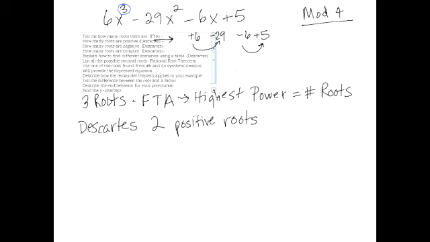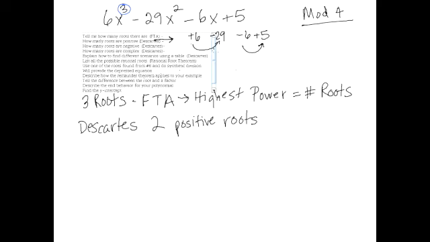Okay, there's fine print to Descartes' rule of signs. The fine print basically says if you can subtract 2 and not get a negative number, then there could be a possibility of other scenarios.